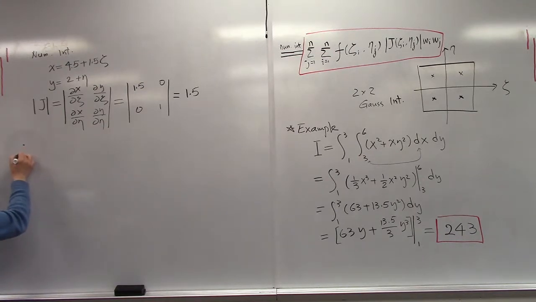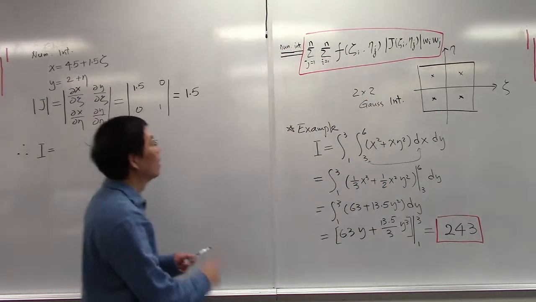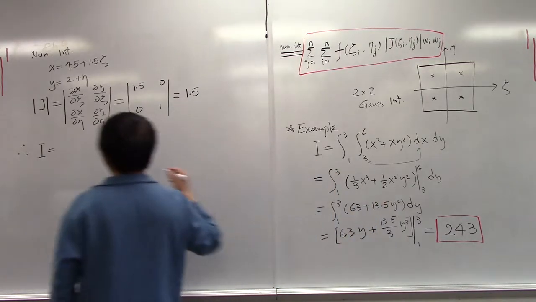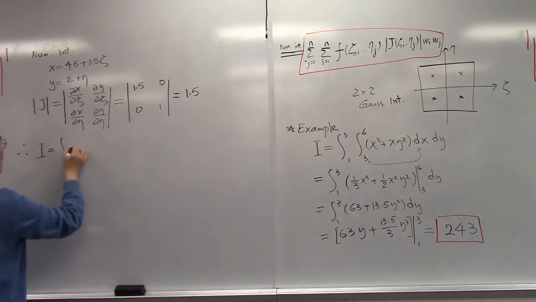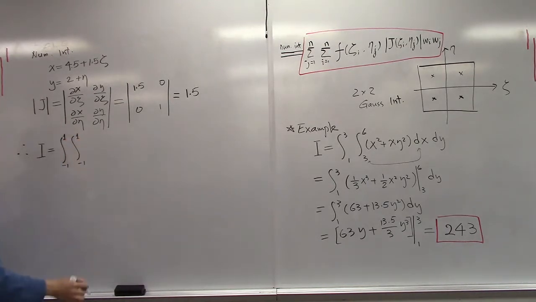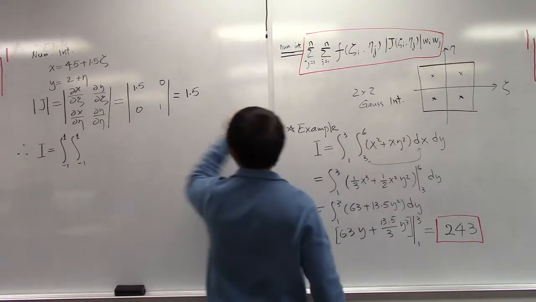Alright, now we can directly apply the numerical integration formula, which is this. The function, let me write it out explicitly. Limit is from negative 1 to 1, negative 1 to 1. Now this expression is transformed. x is equal to that.